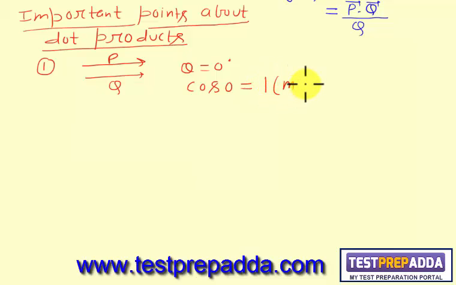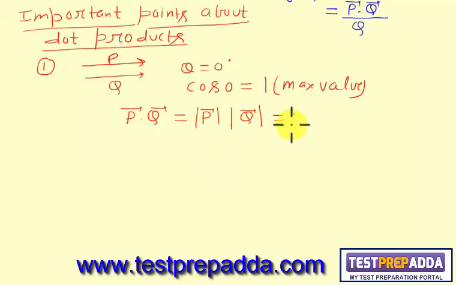That is the maximum value of cos theta. If it is the maximum value, then P dot Q will be the modulus of vector P into the modulus of vector Q, which I can write as P into Q. Cos 0 is 1. So this is actually the maximum value of the dot product.